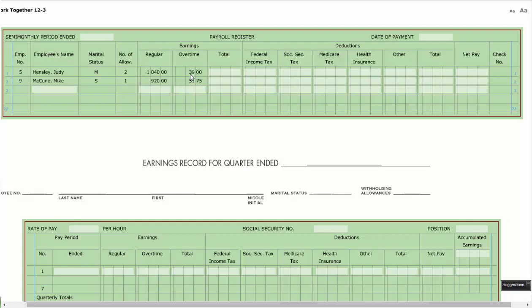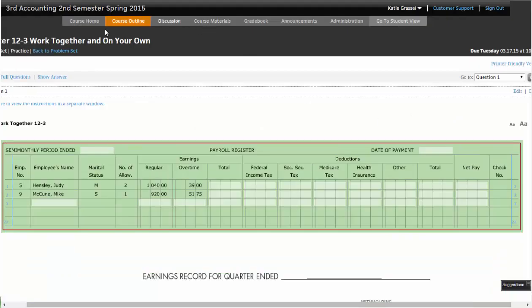You're going to want to open up your book to page 347 and 348. I will turn this assignment on for you.